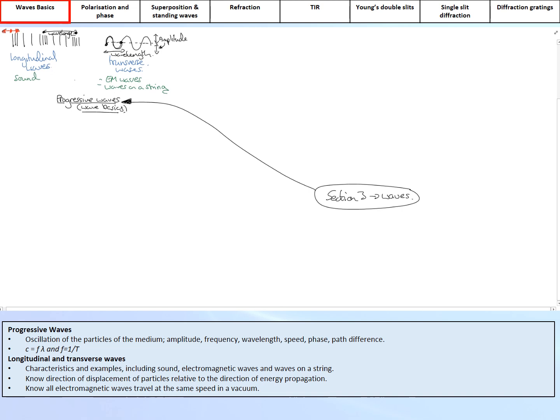Okay, so we've done longitudinal and transverse waves. We should also define some other keywords besides wavelength. So we might have frequency, which is, well, see if you can come up with your own definition for it. What is frequency?